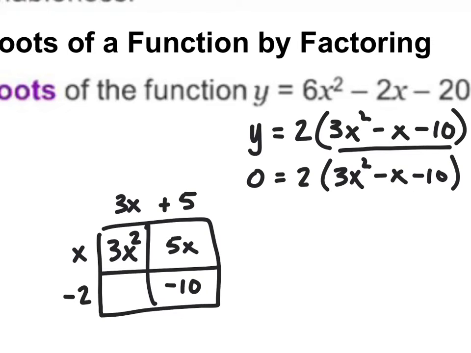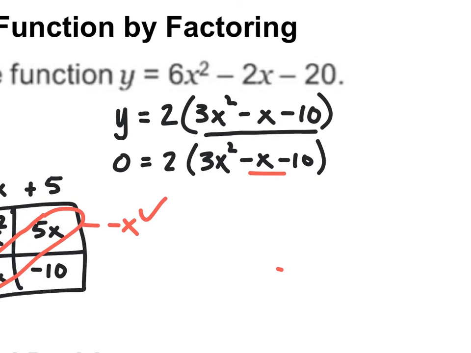Okay, and then I've got negative 2 times 3x is going to give me negative 6x. Now, when I combine my like terms here in the middle, negative 6x plus 5x is going to give me negative x, which is what we were looking for here. So this is good.